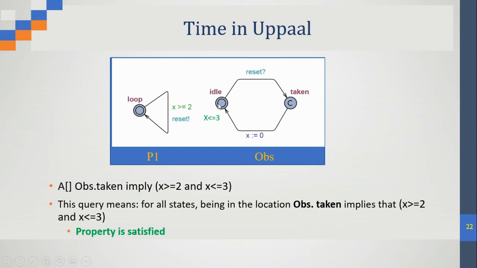We can leave. Do we have to leave immediately? No, we can stay in the idle location or the loop location since it's the same. The machine will start in these two together because both are initial states. So we are now in the loop and in the idle.